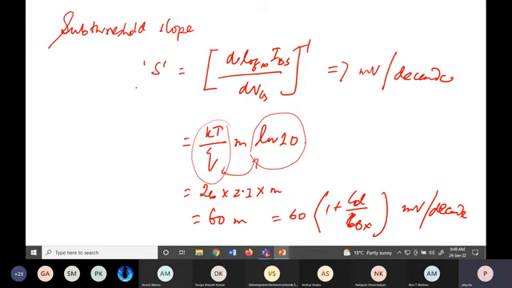Okay, this is S, and the minimum value of S we can get is 60. What I wanted to point out is that we can get close to 60 if we reduce CD and increase COX.